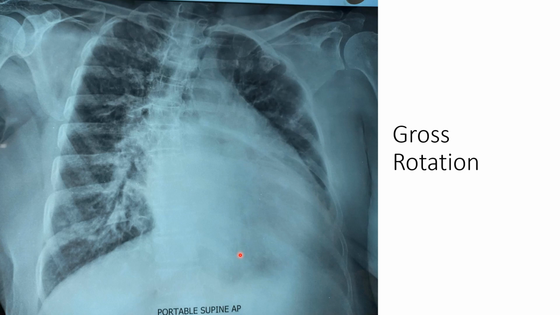So the whole X-ray is rotated towards this side because this side is the longer side. So this could be a superimposed shadow. This rotation makes it difficult for us because we are confused whether it is a cardiomegaly or because of rotation. So with these sort of x-rays, you have to go back and ask the radiographer to do another x-ray for you to be confident in your diagnosis.